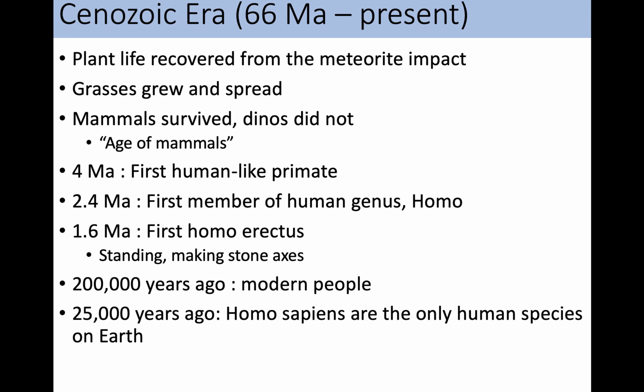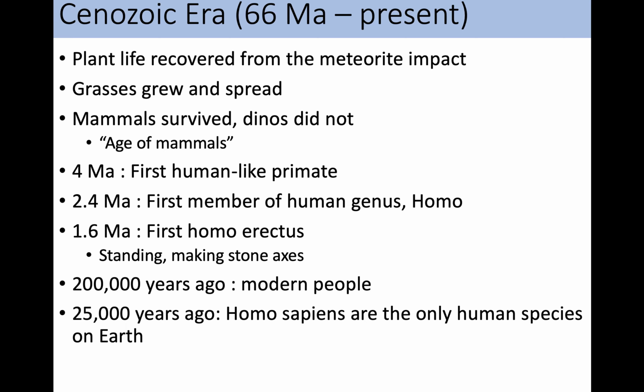And then the first time that our human-like ancestors actually stood up and used their hands for making weapons and axes and things, probably using obsidian or slate, something that's easy to shape, was about 1.6 million years ago.